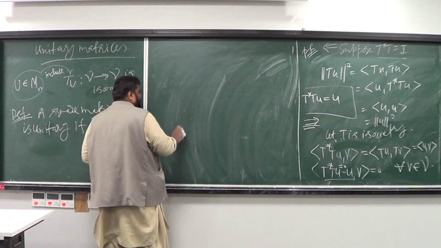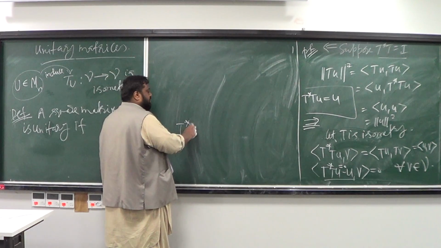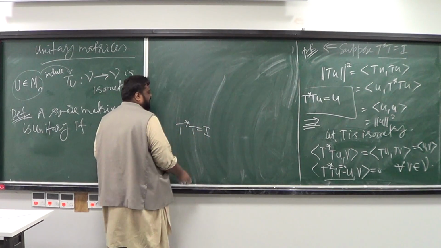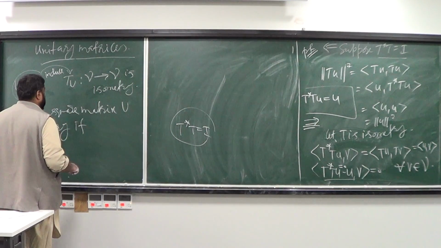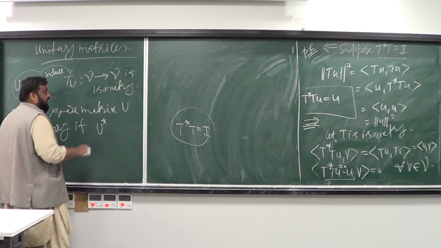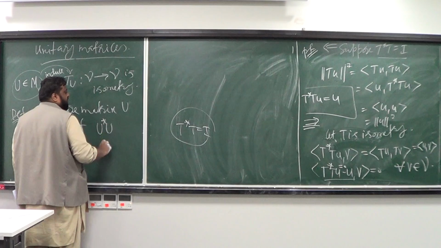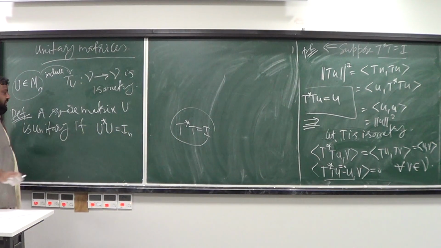What does this show? That the adjoint of it composed with T should give you identity. The analog of this is that if you consider U star of this matrix and multiply it with U, you should get an identity matrix of size n.